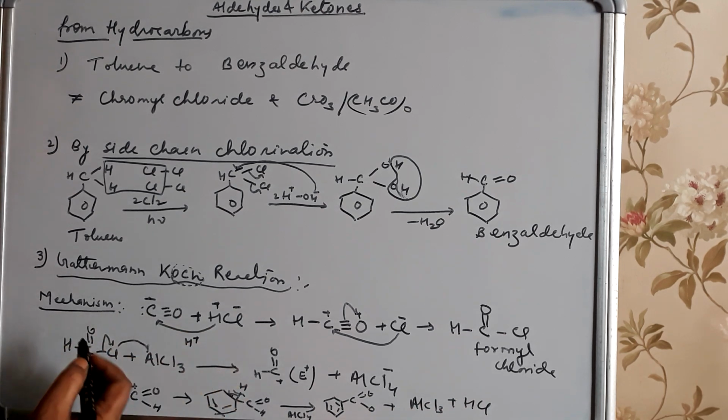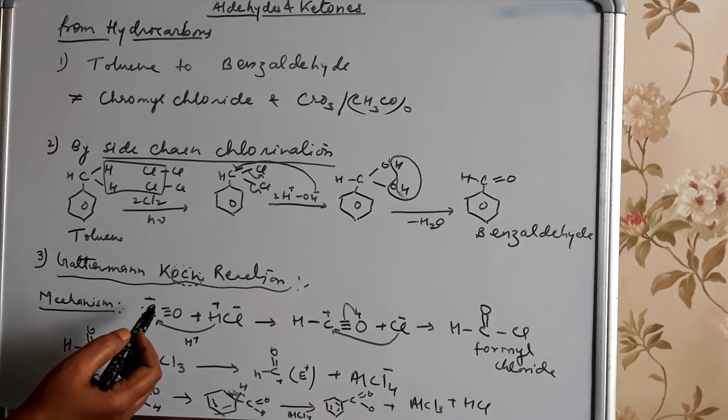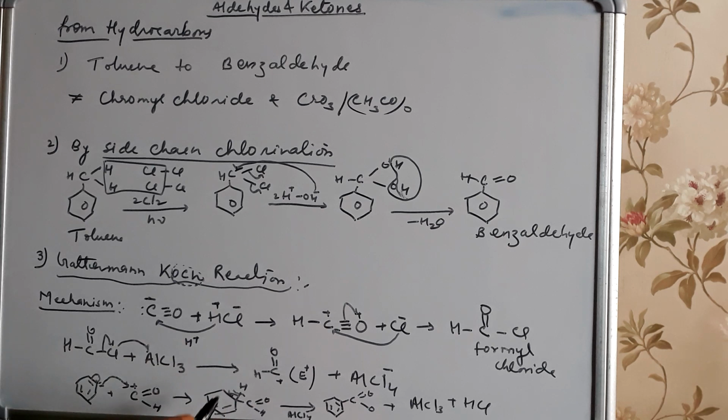So it is a very easy method to convert benzene to benzaldehyde by using carbon monoxide and HCl in presence of anhydrous AlCl3.